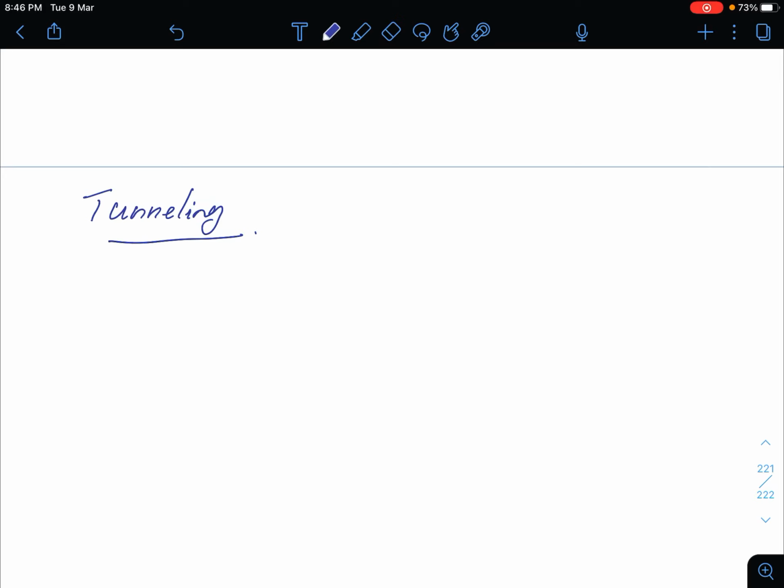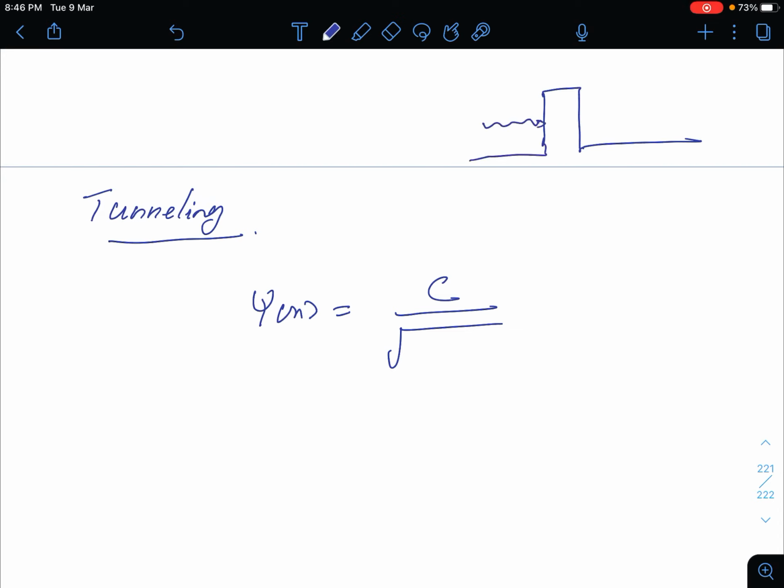Okay, as the problem says, the psi of x can be approximated as c divided by root of p of x. Now there is a problem here. See, what is the tunneling? Here the particle will be having an energy, but the potential barrier will be higher than this. So that means E will be less than V. Correct?